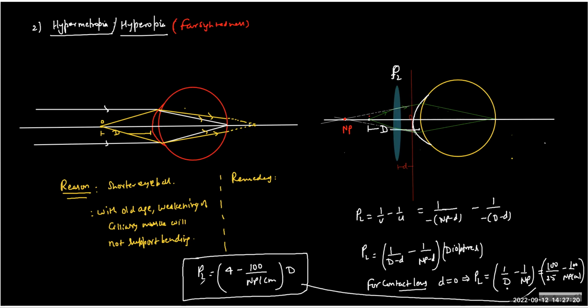For example, what is the power? Someone having hypermetropia, who is having it? Harshit. Who's having this hypermetropia? Like you have positive power, and what is his power? Plus 3. So you can see clearly, if I put +3, 4 minus 100 by the near point. So his near point is 100. Can you see that?